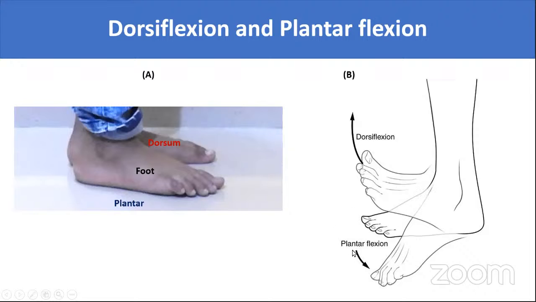Whereas in plantar flexion, the angle between the heel and this plantar part is reduced. So here this angle is more, whereas this angle is less. And therefore, instead of calling it plantar extension, it is called plantar flexion. So I hope you have understood dorsiflexion as well as plantar flexion.